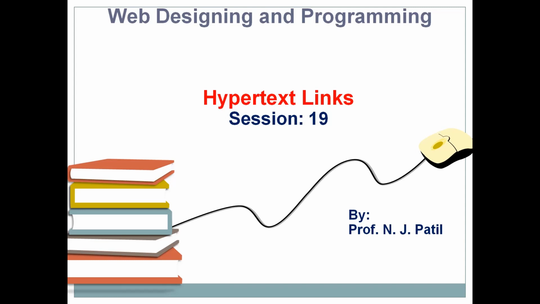So a hypertext link in an XHTML document, which we generally simply call a link, acts as a pointer to some particular place in some web resource. It is just a pointer pointing to some other resource on the web.